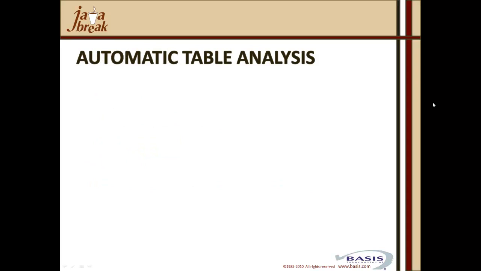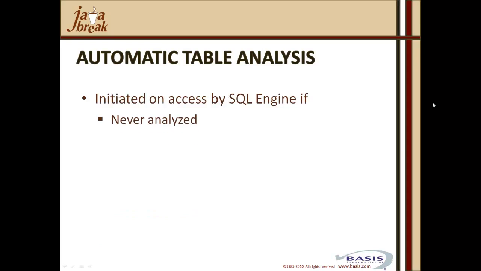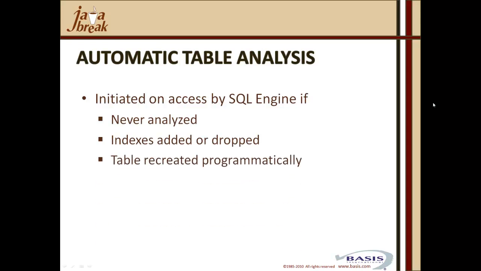New to BBJ 10 is the ability to have an automatic table analysis. That will be initiated on access by the SQL engine to the table if it's never been analyzed, if you've added indexes or you've dropped indexes from the table, or if the table has been recreated programmatically from scratch, perhaps via some BBJ code.